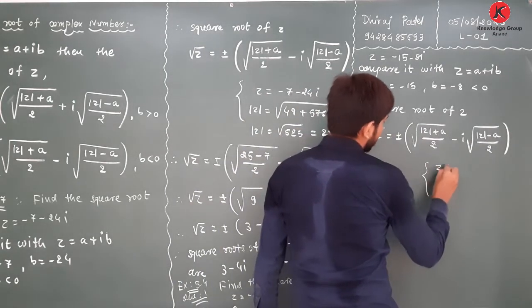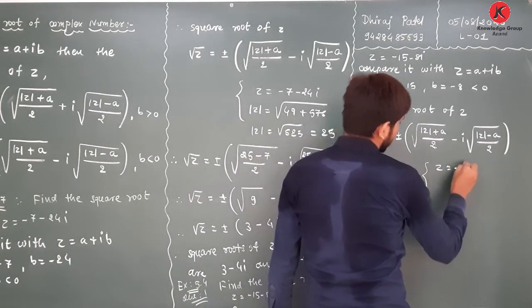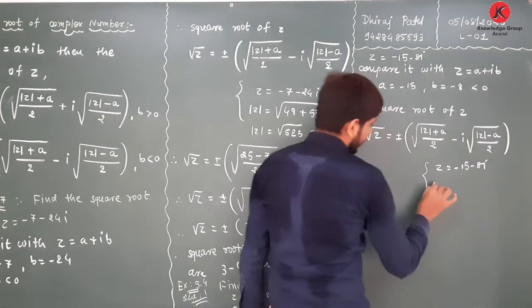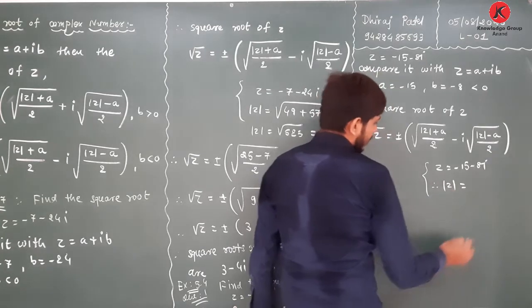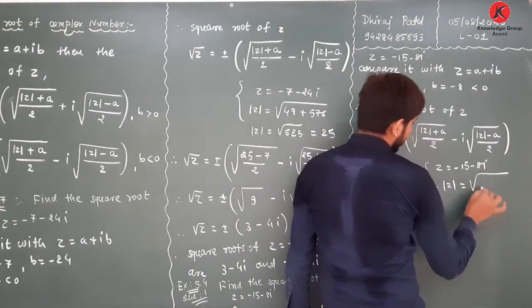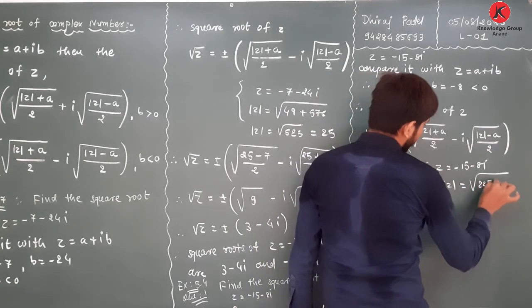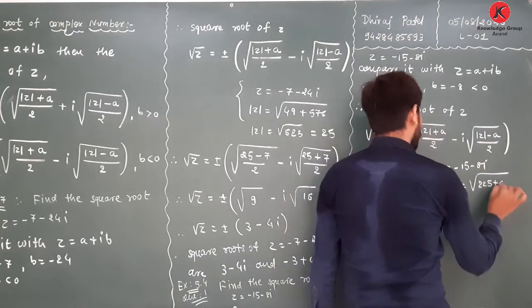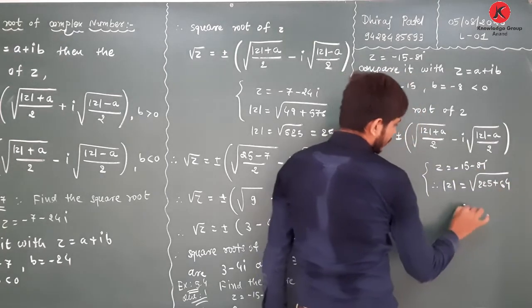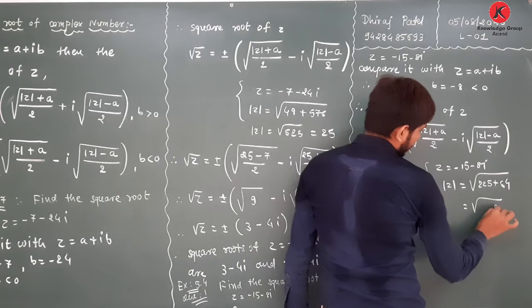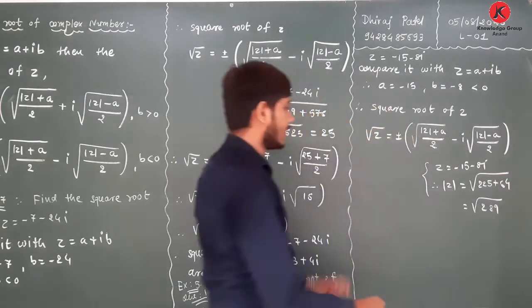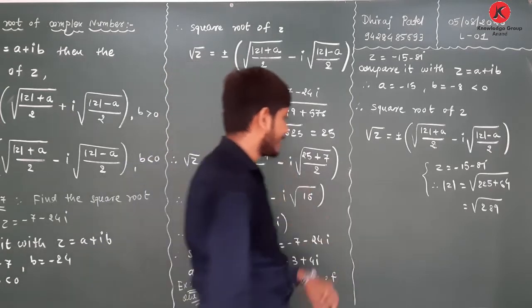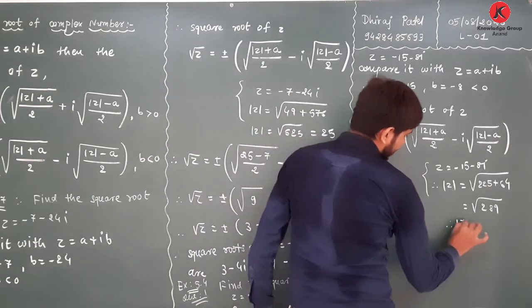Therefore z = -15 - 8i. Therefore modulus of z will become under root of 15 square 225 plus (-8) square 64, which will become 289, and the square root of 289 is 17.